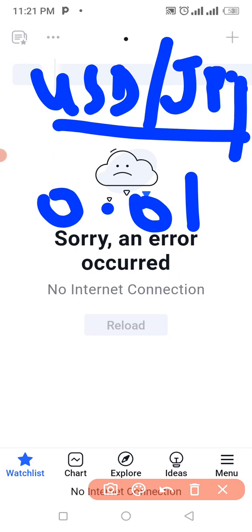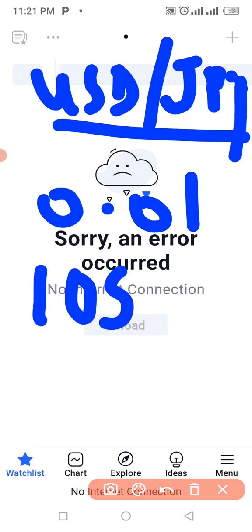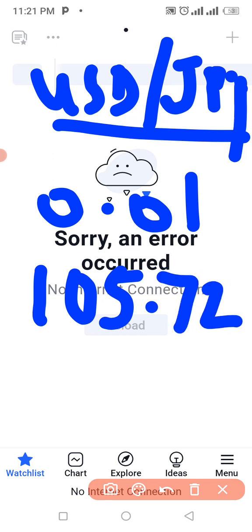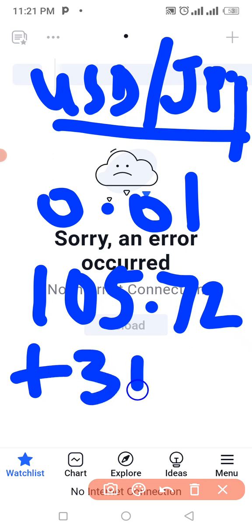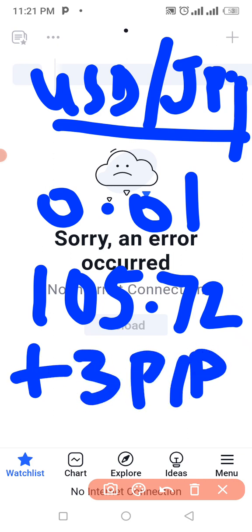If the current price of USD to Japanese yen is 105.72, and we want to add 3 pips to it, first of all we multiply the 3 pips by 0.01.